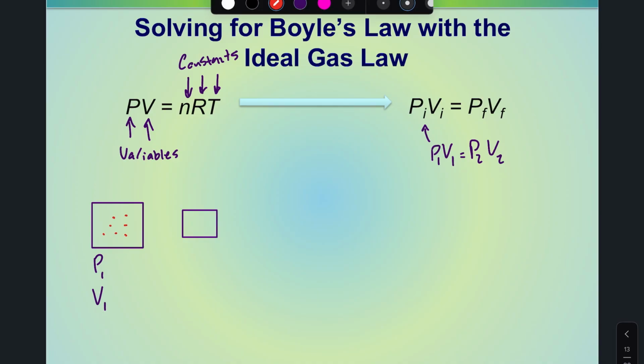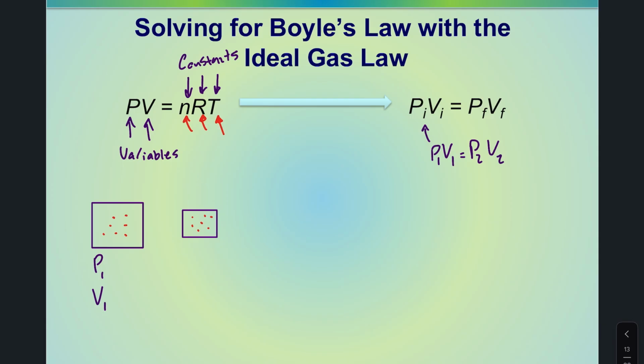Let's say that it gets smaller. We have 1, 2, 3, 4, 5, 6, 7. 1, 2, 3, 4, 5, 6, 7. We change the volume. That is going to make a different pressure, but the number of moles stays the same. R is already a constant, so that doesn't change. And we are going to keep the temperature the same.